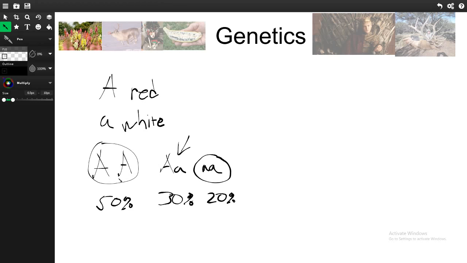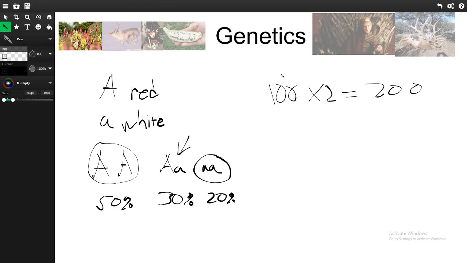Let's say that this is a population size of 100, and since each individual flower will exhibit two alleles, since they all have a genotype, that means that there would be 200 alleles.